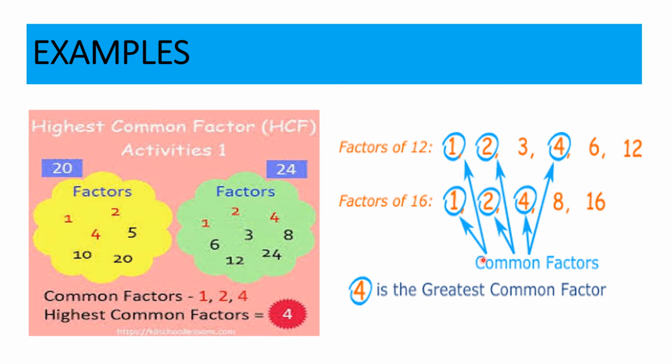Here 1 and 1 are common, 2 and 2 are common, 3 is not common, 4 is common and no other numbers are common. So the common factors are 1, 2 and 4 and the highest of these is 4. So 4 is the greatest common factor or highest common factor of 12 and 16.